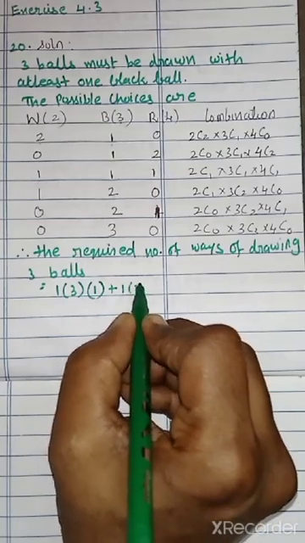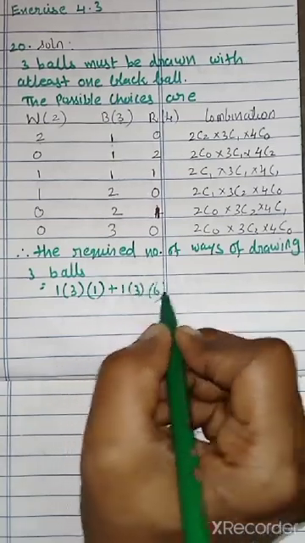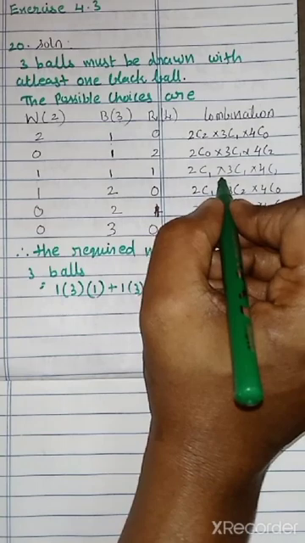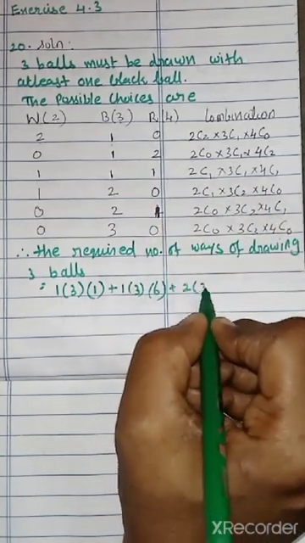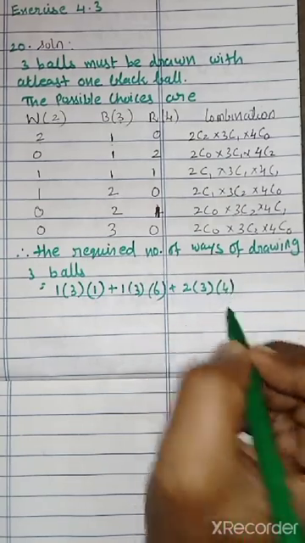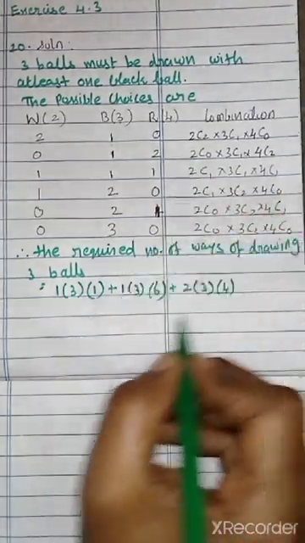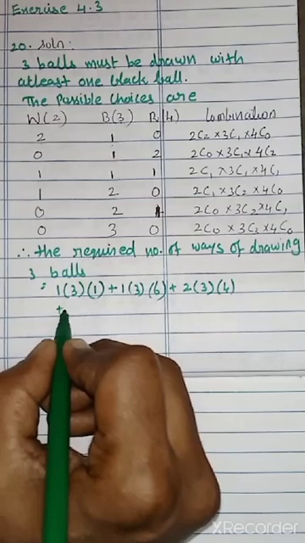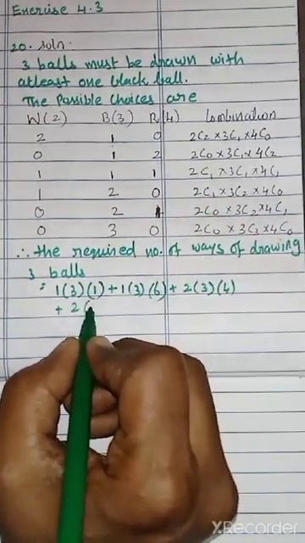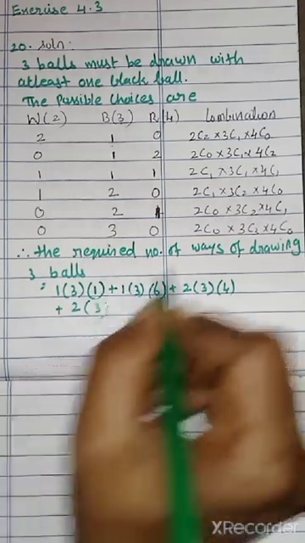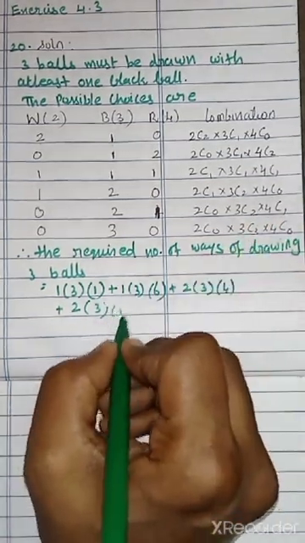3C1 is 3, 4C2 is 6. We completed the second one. Next, third one: 2C1 is 2, 3C1 is 3, 4C1 is 4. Third completed. Next, plus 2C1 is 2, 3C2 is 3, 4C0 is 1.